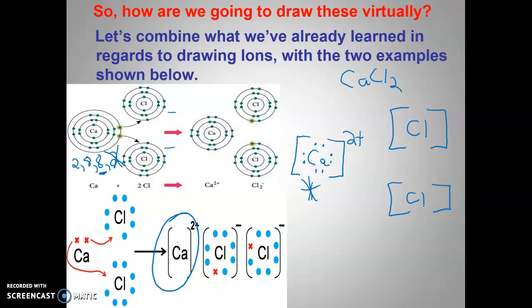Each one of them is going to accept one of those 2 electrons from calcium. So I want you to indicate that to me simply by drawing arrows like this. They're going to accept an electron, which is going to fill their octet, because chlorine normally only has 7 valence electrons.